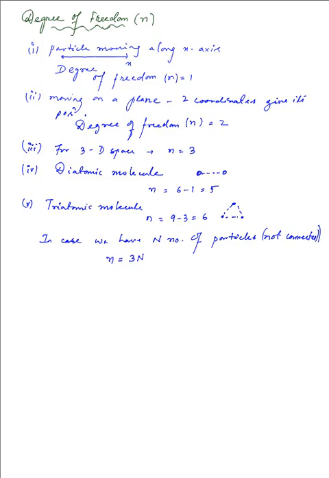But if k is the number of constraints, then the degree of freedom reduces to 3n minus k. This is the general case of the degrees of freedom of a given system.